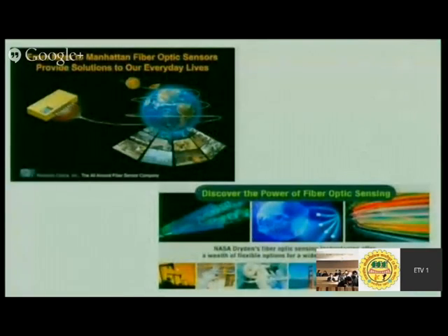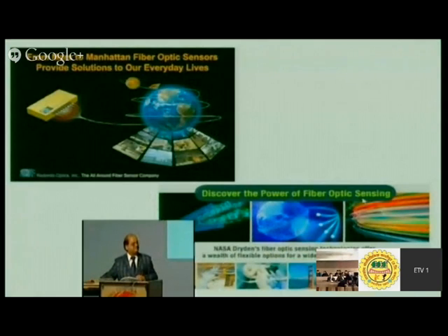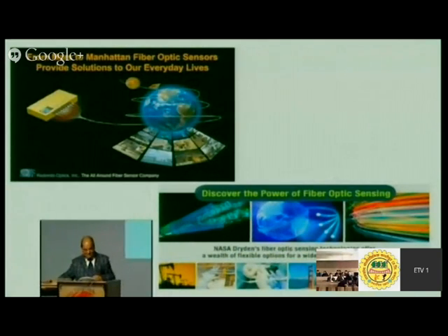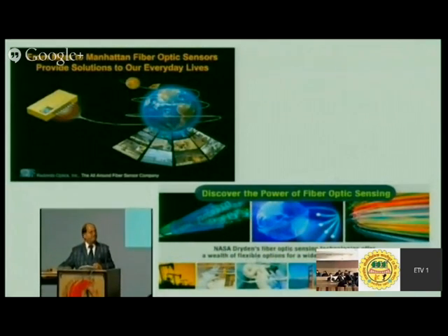Then see, this is from Mars to Manhattan, fiber optic sensors provide solutions to our everyday problems. A lot of potential is there, and this is how NASA has evaluated and discovered the power of fiber optic sensing. NASA designed fiber optic sensing technology offers a wealth of flexible options in a wide variety of applications. So optical sensors can be used everywhere. They are the solution to every type of problem.